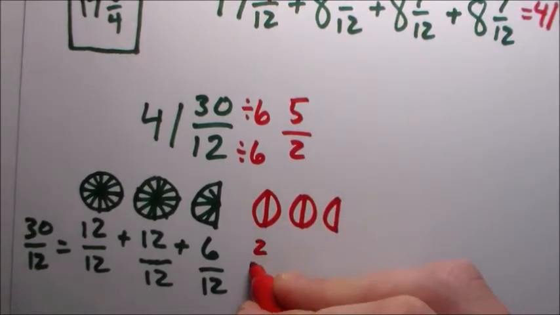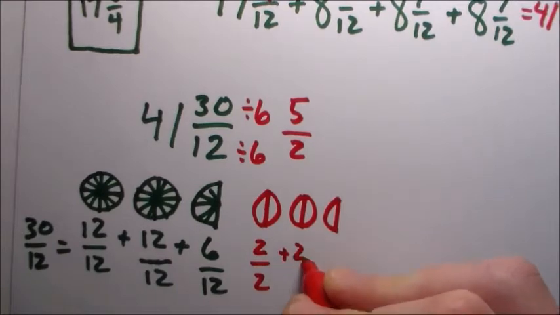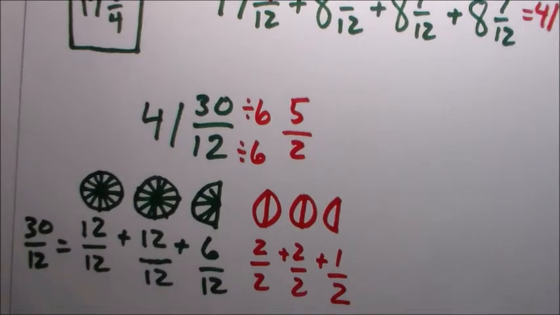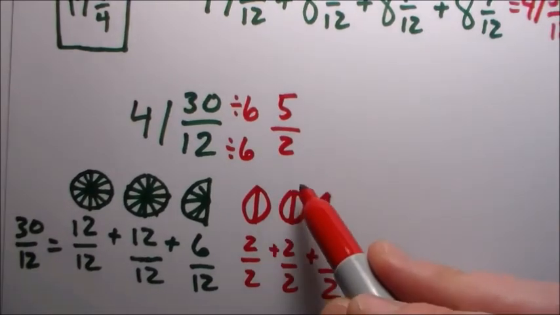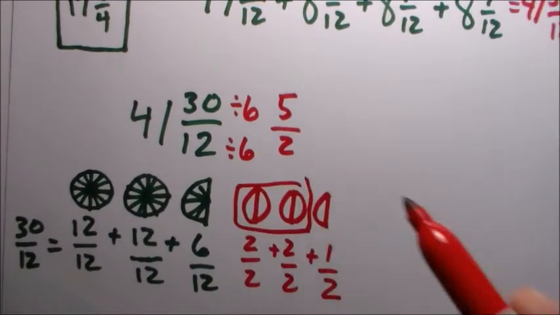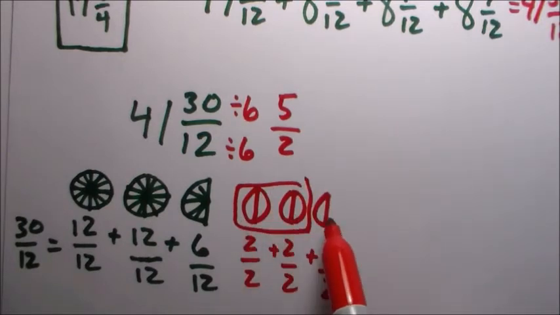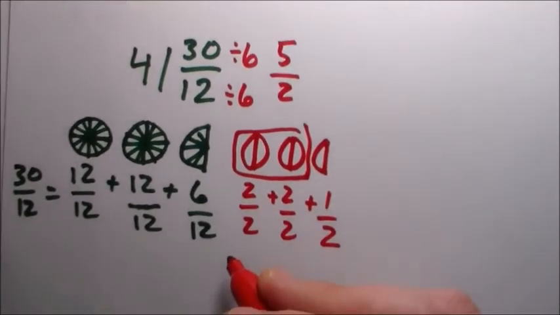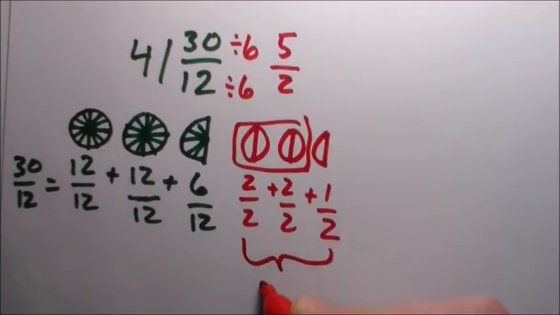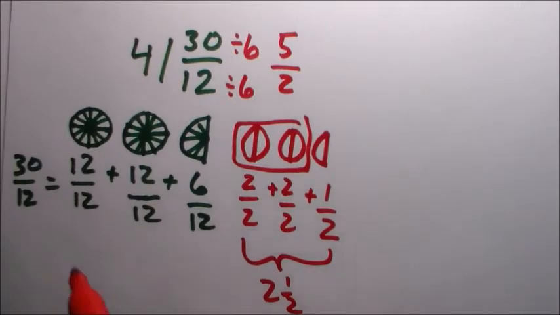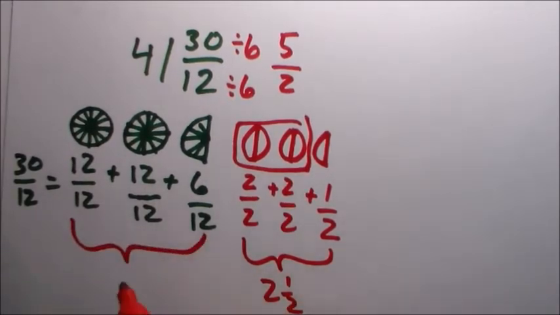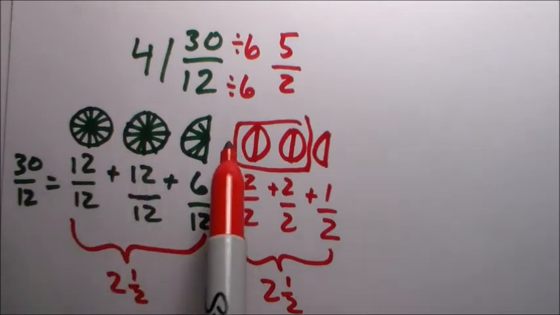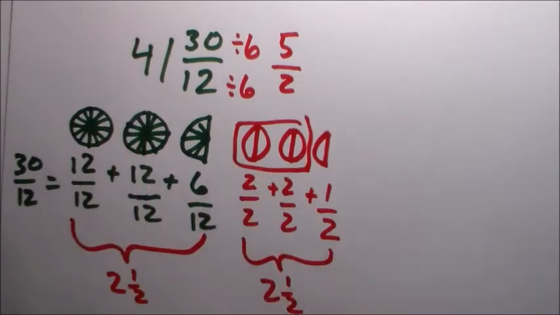That's 2 halves plus 2 halves plus 1/2. It's fairly clear that these two are each 1. So we have 1 plus 1 plus 1/2, which equals 2 and 1/2. We have 1 whole plus 1 whole is 2 wholes and a half.